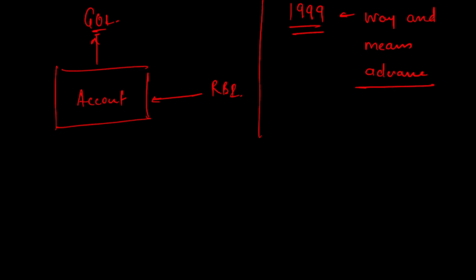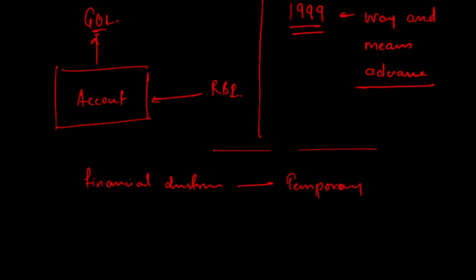Before that, I would like to clear one thing. The question asked about which financial instrument addresses the issue of temporary mismatch in cash. The answer to that is cash management bill.